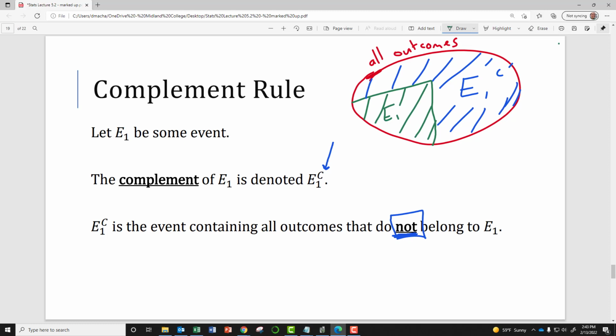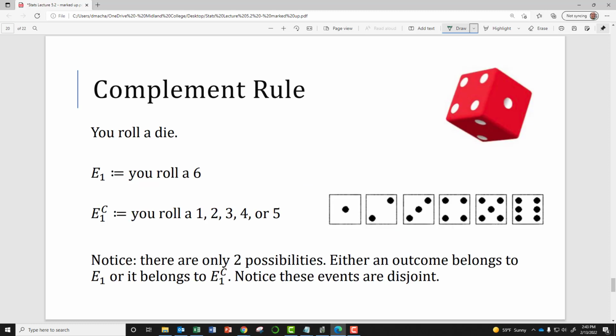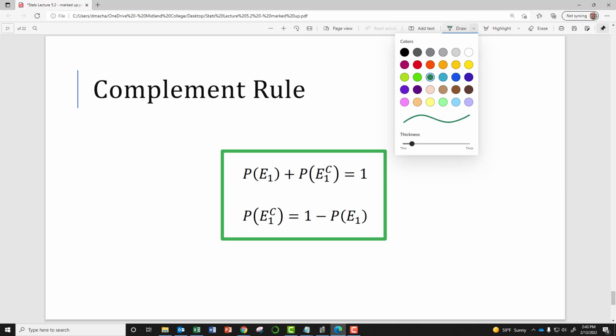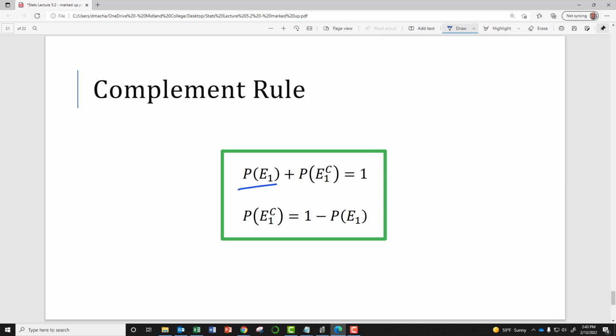And the next thing we'll say about the complement is this. Whenever you add the probability of a particular event happening with the probability of its complement occurring, you get 1, because the sum of all probabilities for all possible outcomes must be 100%.